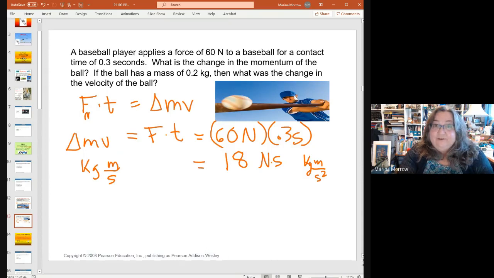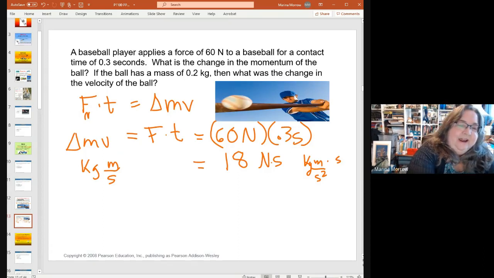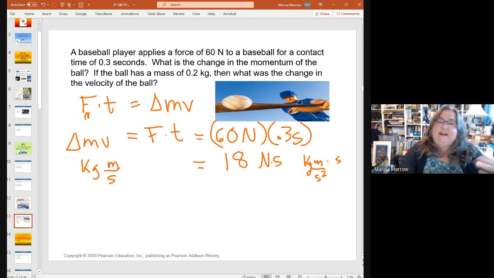That would take care of newtons, right, by Newton's second law. And then we're multiplying by a second. Well, that cancels out one of the seconds. And sure enough, we would end up with kilograms meters per second, just like on the other side. So yeah, the units work out okay. All right, in physics, we've got this all figured out. The units should work out as long as you're using the right ones.